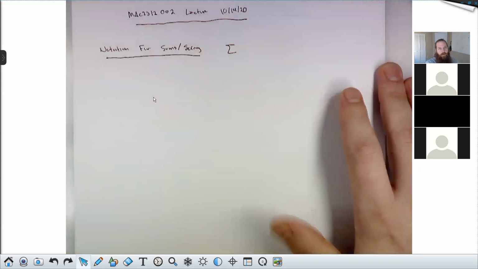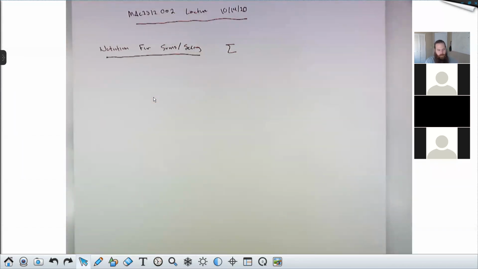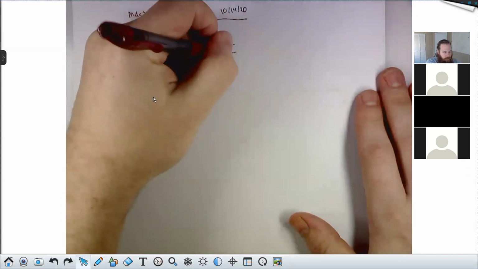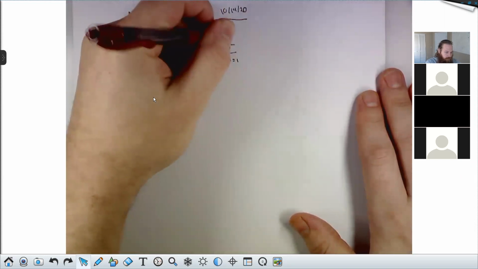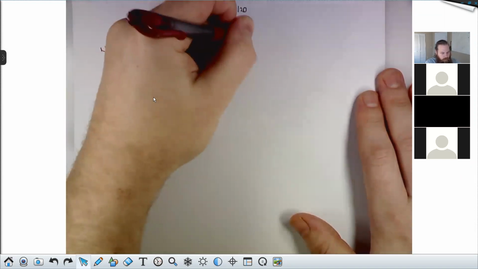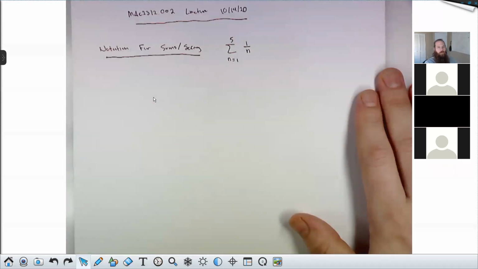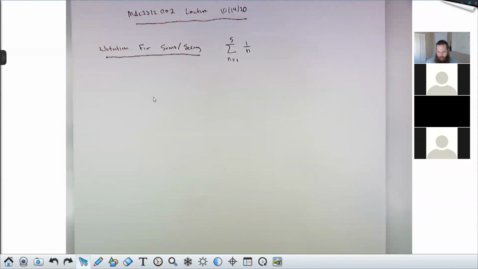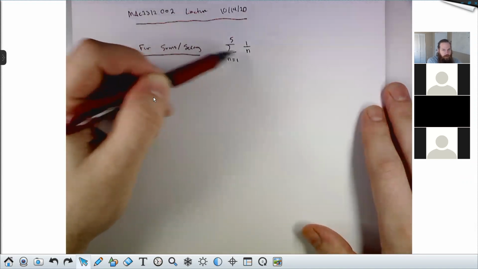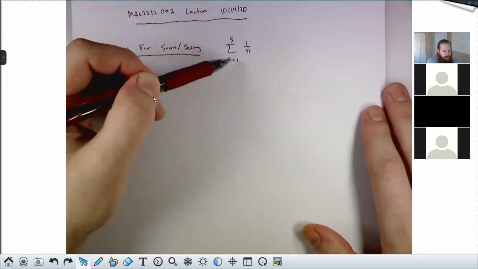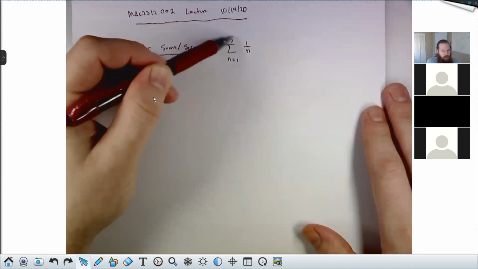This is the Greek letter sigma, capital Greek sigma, and it stands for the word sum. So if you see something like this, this is a shorthand for an addition problem. The way you read this is you're going to add up or sum this thing as n goes from here to here.